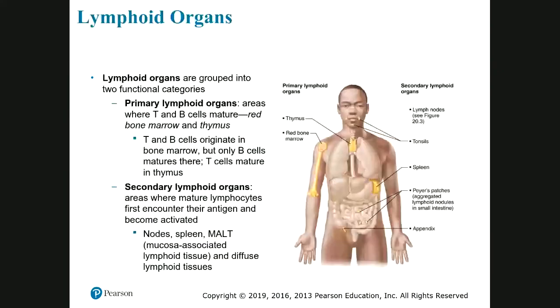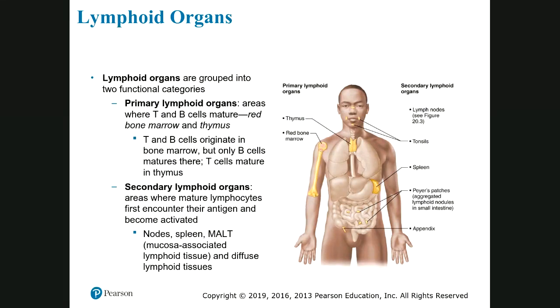Now we move to the lymphoid organs. Anything that you see flashing yellow are the lymphoid organs. We have the primary lymphoid organs.